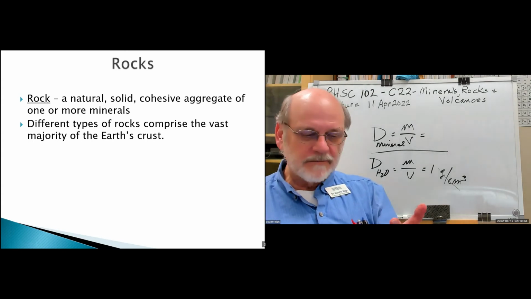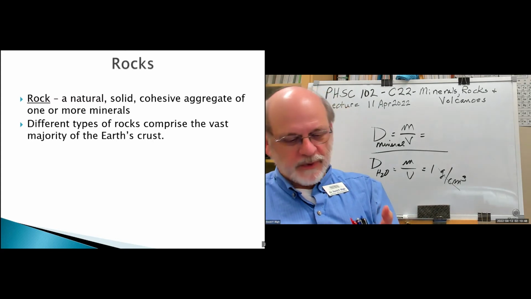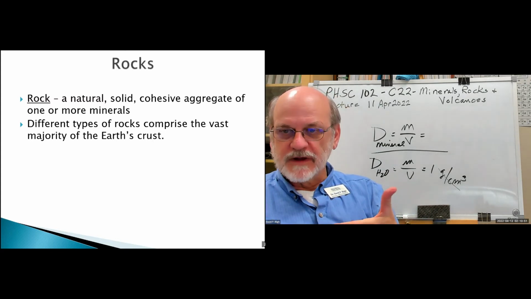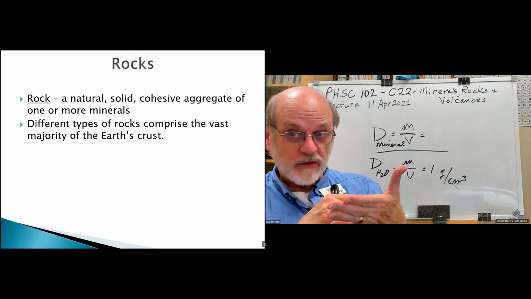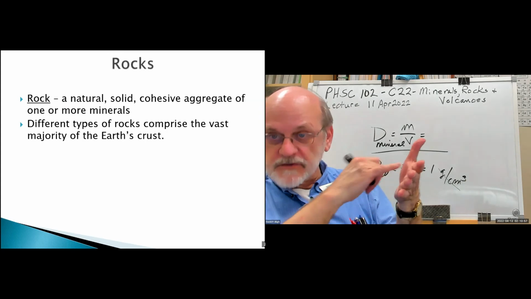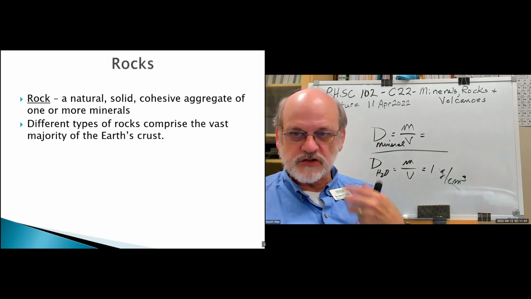So you pick up a rock and you might smack it with your hammer, break it open to get a fresh surface, and then look at it with your magnifying glass, and you'll see a mineral here and a different mineral there, several different minerals that have certain characteristics that you recognize.